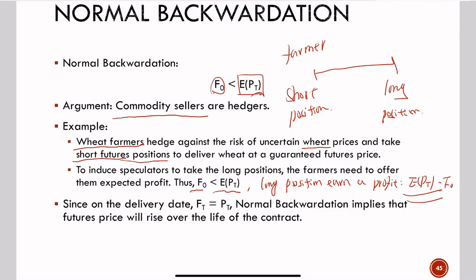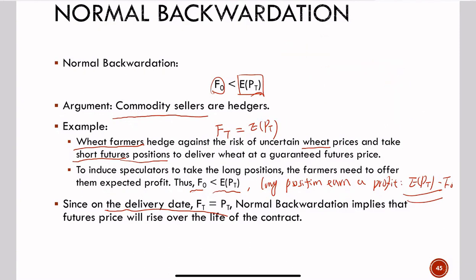And then we know that on the delivery date, right, there is this convergence result. That is, on this delivery date, we will ultimately get the futures price equals the expected spot price, right?